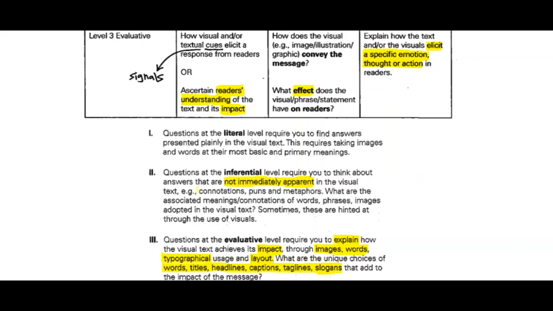Usually they'll be more centered on connotations, puns and metaphors. The words themselves do not directly tell you what they are trying to mean, and you have to infer them based on your understanding of the context and the culture. What is the connotation behind them, or the secondary meaning behind them? So you're looking at associated meanings.